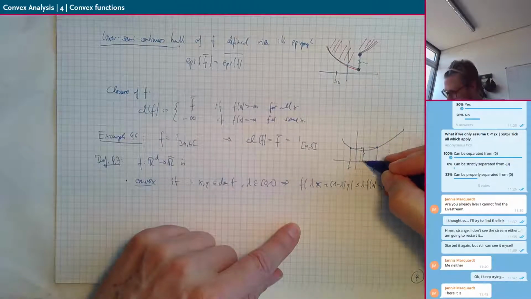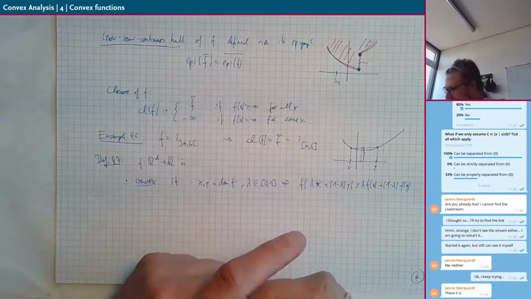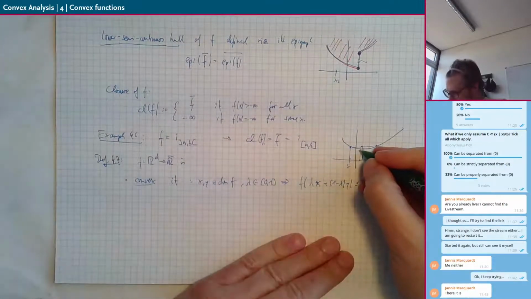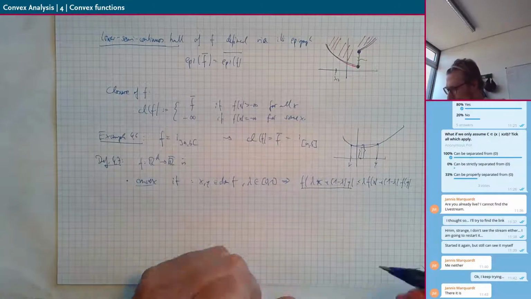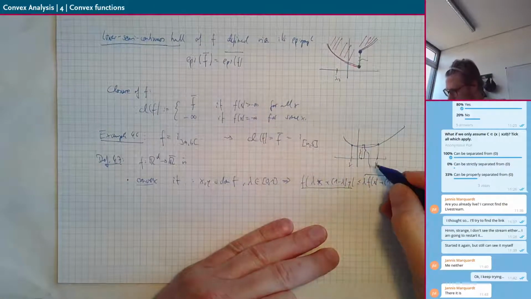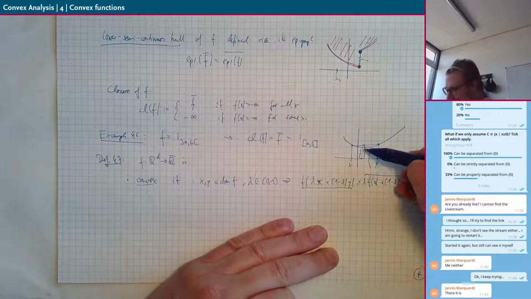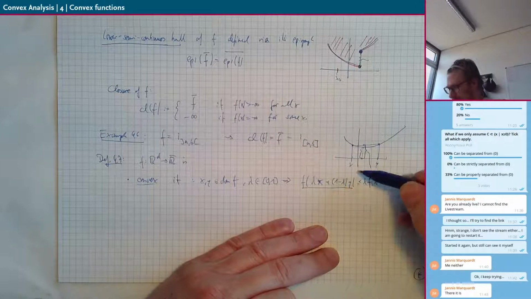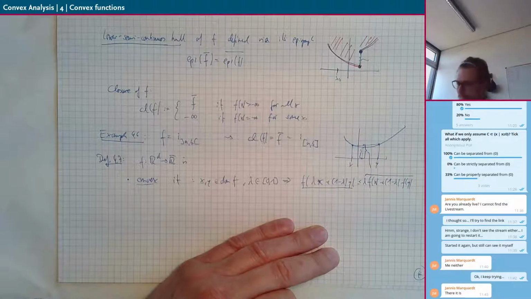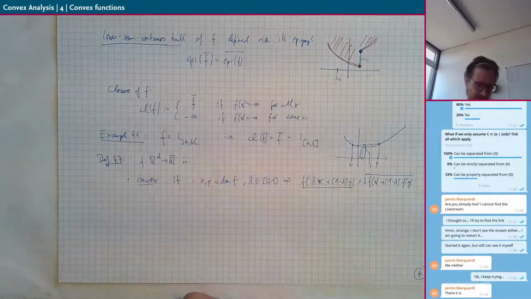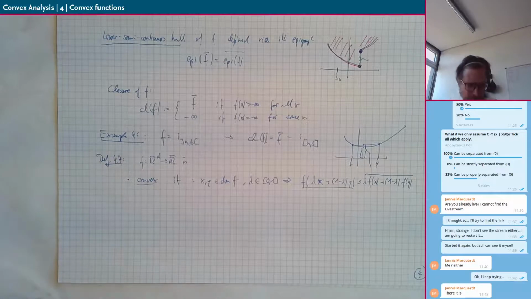This here is the right-hand side, and this here is the left-hand side. So this should always be larger than this, meaning that the so-called secant is always above the graph. That is the standard notion of convexity, and probably you already know that.